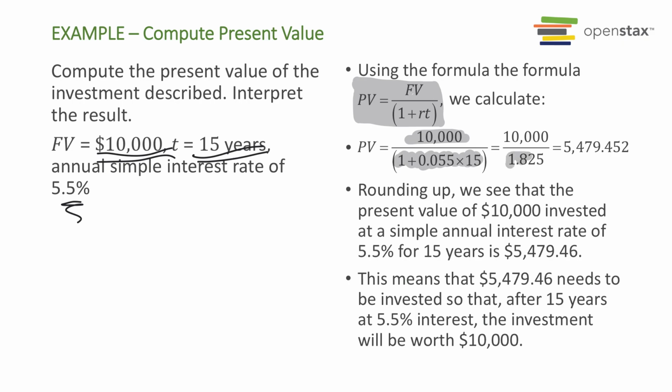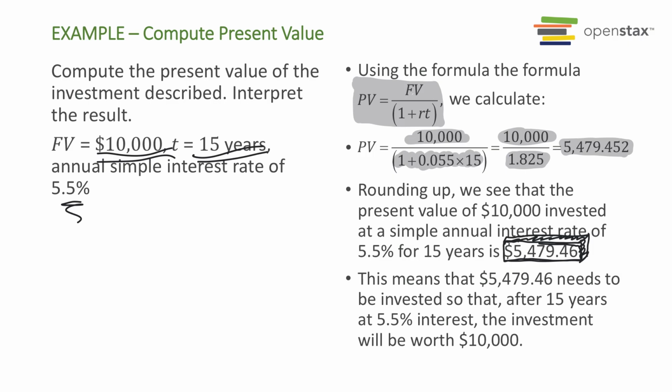And so if we simplify that, that's going to be 10,000 divided by 1.825, and that gives us 5,479.46. And so what this means is, if we want $10,000 in 15 years, based on what we're given here, then we need to put into the account today $5,479.46.